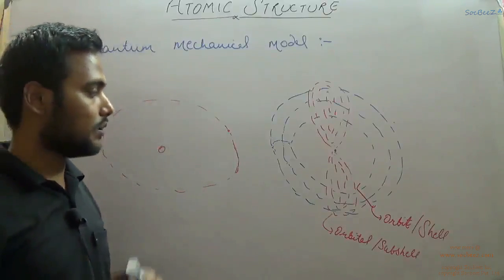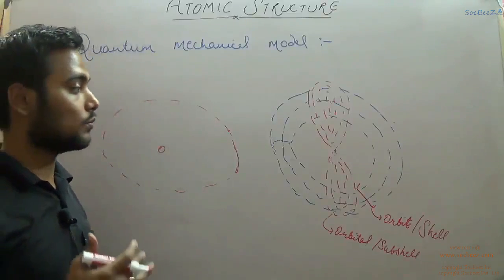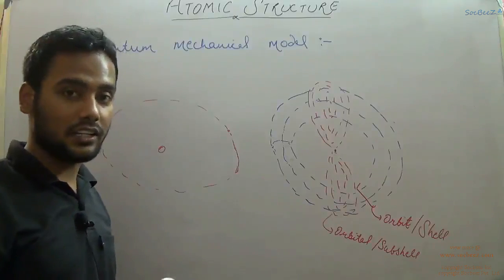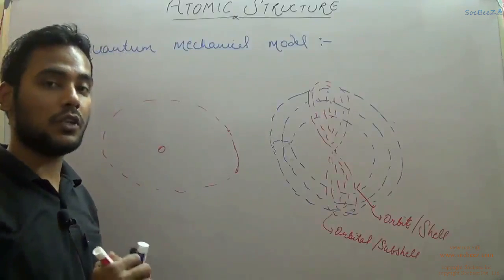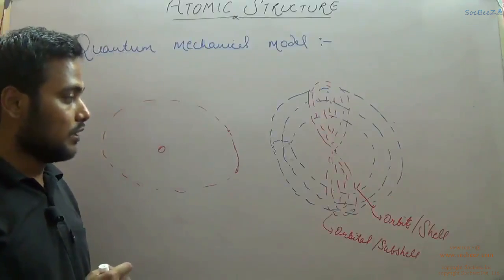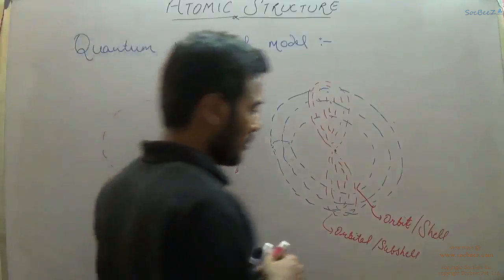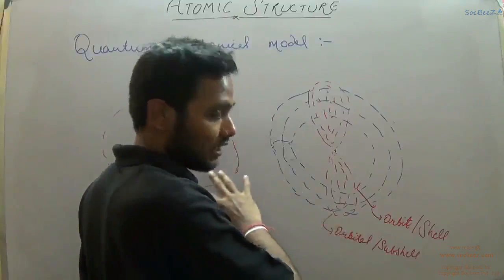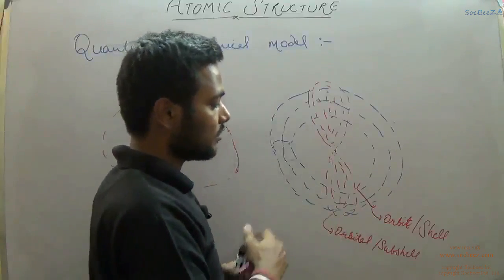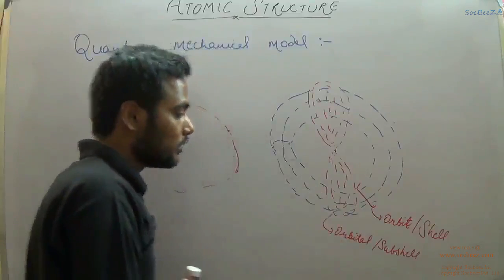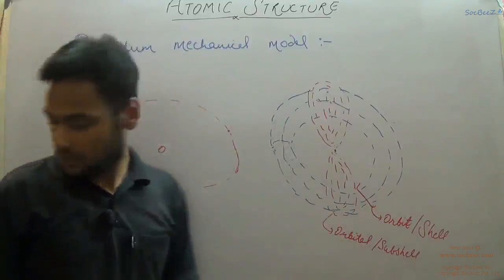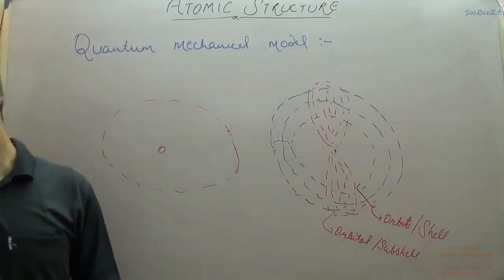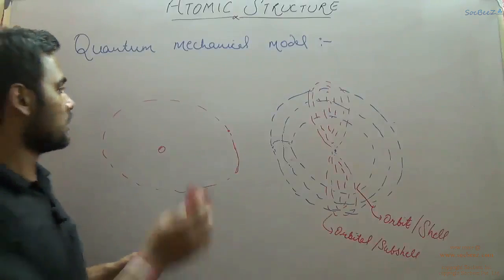By this example, I hope you clearly understand it, although it is very difficult to visualize this way. So this is called an orbit, this is called an orbital, and there are many types of orbitals. Now we are going to study what those orbitals are, and also a little bit about the orbits.